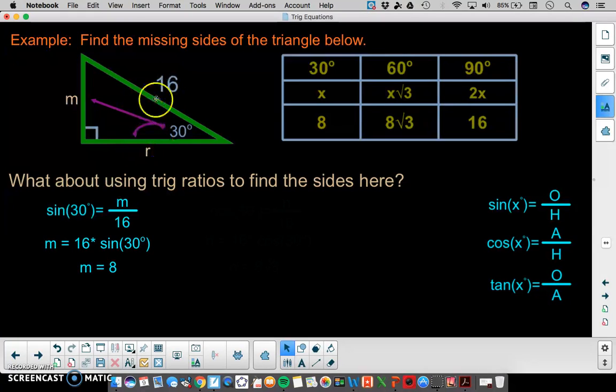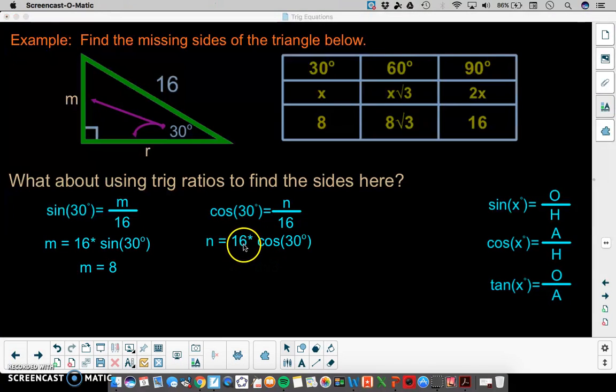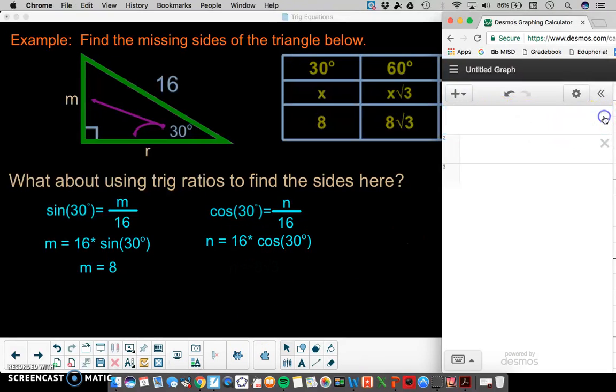If we're going to use adjacent and hypotenuse, we know we're going to use cosine. So cosine of 30 equals n over 16. To solve for n, I would multiply by 16 on both sides. And I can plug 16 times cos of 30 into my calculator. 16 cos 30 gives me 13.856.